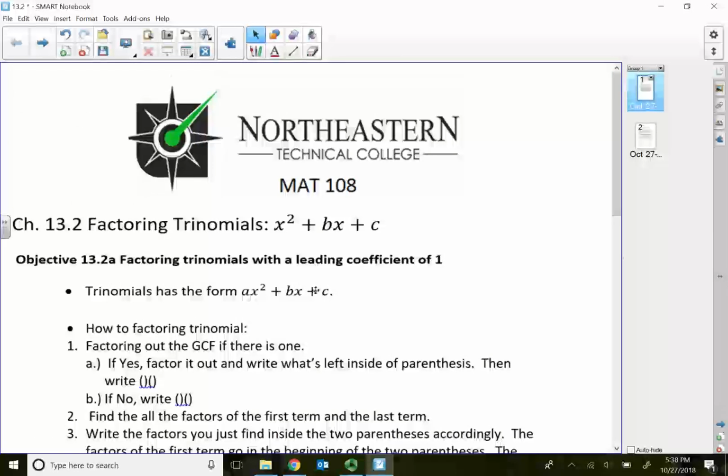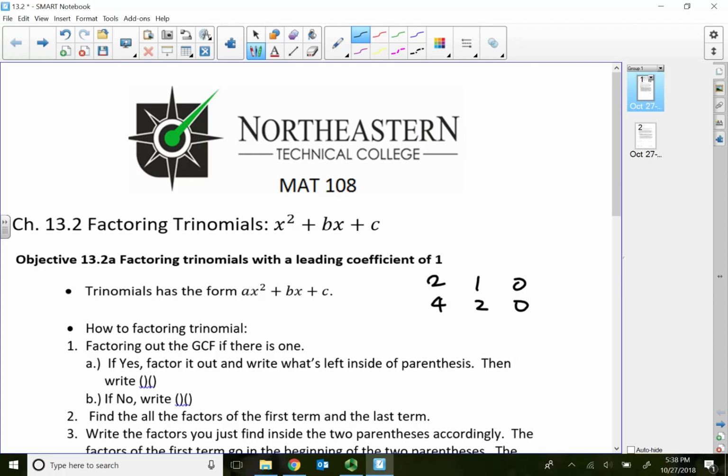What I call a true trinomial refers to the last 3 terms of a polynomial, where the exponents are 2, 1, 0, or multiples of 2, 1, 0, maybe like 4, 2, 0, twice as large.